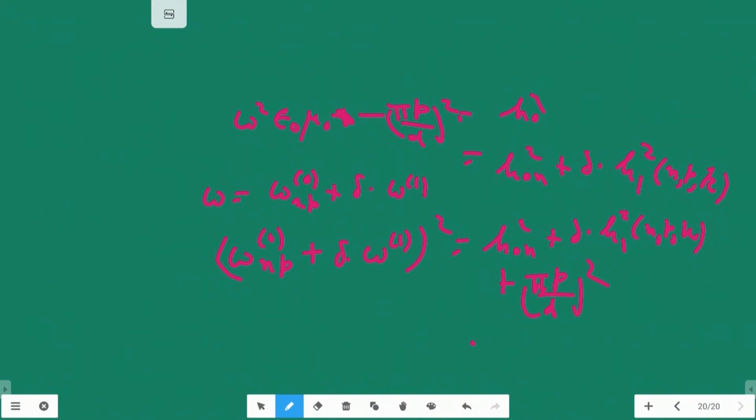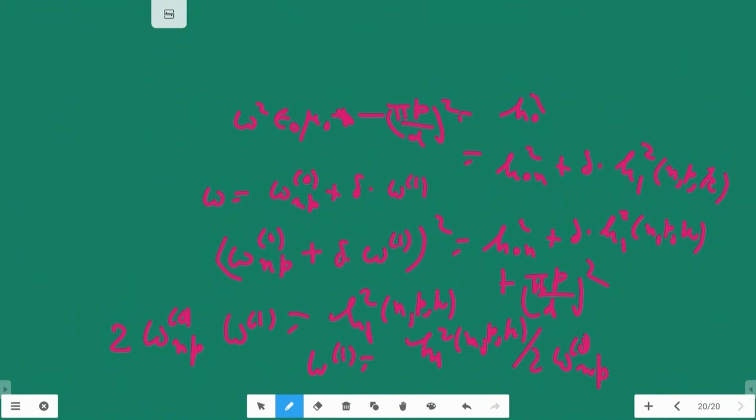If you equate coefficients of delta power 0, you get the usual formula, namely omega 0 np square equals H0 n square plus pi p by d square. If you equate coefficients of delta on both sides, you get 2 omega 0 np multiplied by omega 1 equal to H1 square npk, or equivalently omega 1 equals H1 square npk divided by 2 omega 0 np.